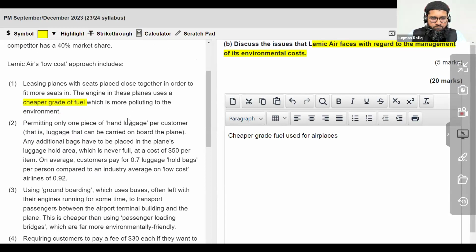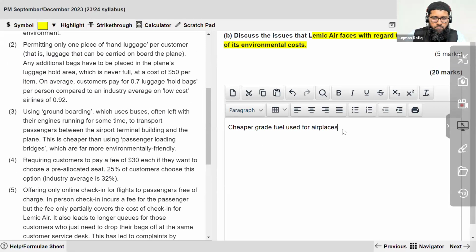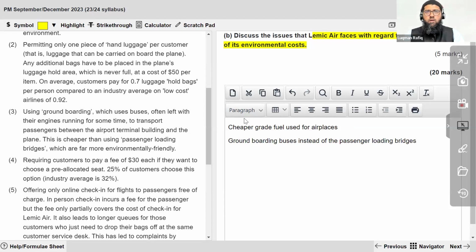Then ground boarding buses instead of the passenger loading bridges. Then what else is there?